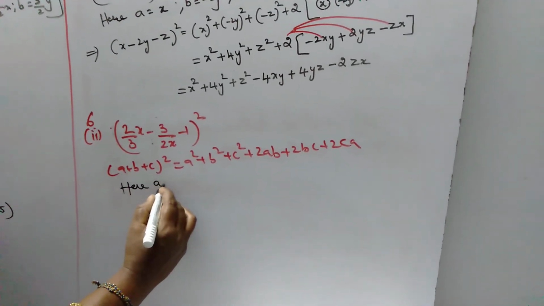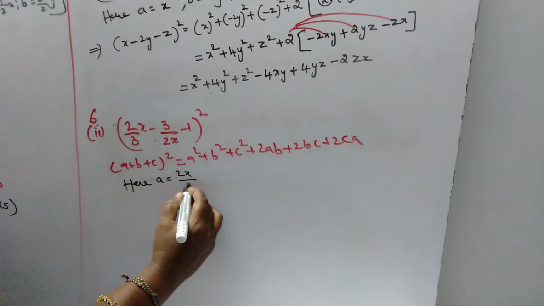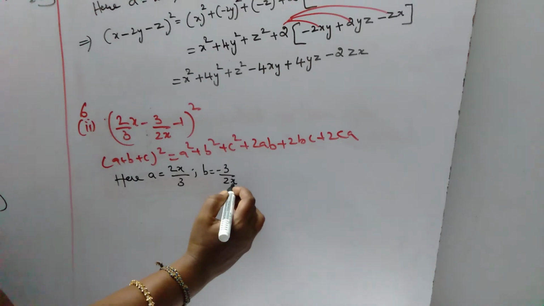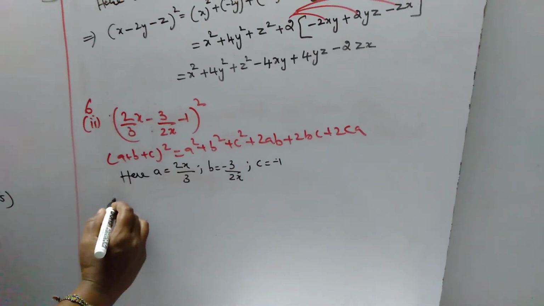What is here? Here a equals 2x by 3, b equals minus 3 by 2x, c equals minus 1. Okay.